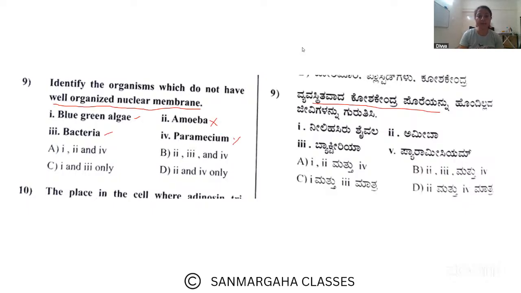No, they aren't. So which are the two organisms here that show the prokaryotic feature, that is which do not have well defined nuclear membrane? Option 1 and 3. Okay, so where is the option 1 and option 3? Option 1 and option 3 is in the C option.